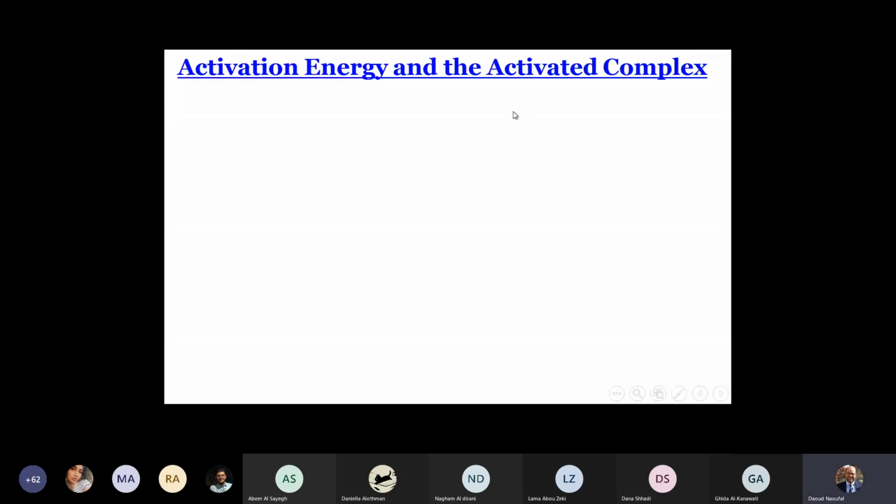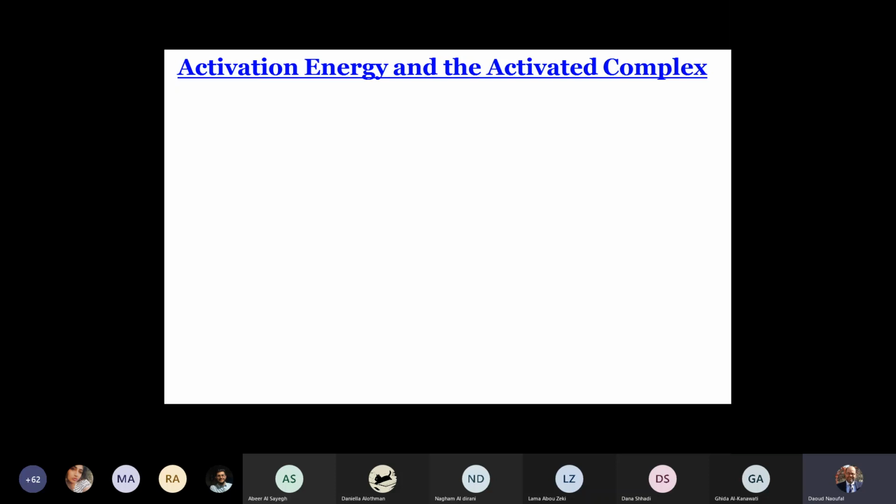Activation energy and the activated complex. To remember, for a certain reaction, non-catalyzed, without addition of a catalyst, the activation energy of this reaction is known, is constant, and the activation energy is the minimum energy needed for the reaction.